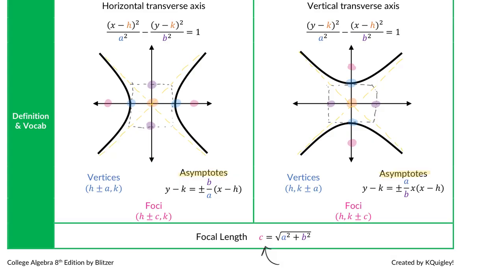It's Pythagorean. This one is the Pythagorean theorem. So when you do this focal length formula for the hyperbola, it is the Pythagorean theorem. It was not the Pythagorean theorem for the ellipse, but it is for the hyperbola.